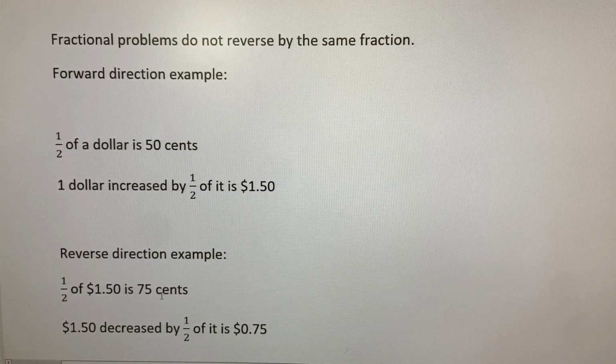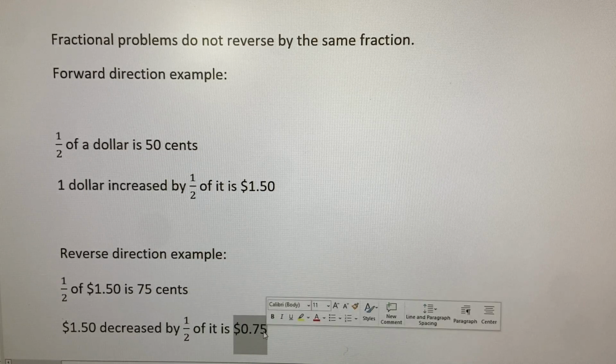Not 50 cents. You see, $1.50 decreased by half of it is 75 cents. By using the same fraction and reversing the direction of the calculation, you're not getting back to the original 50 cents that you started with. You are now at 75 cents.